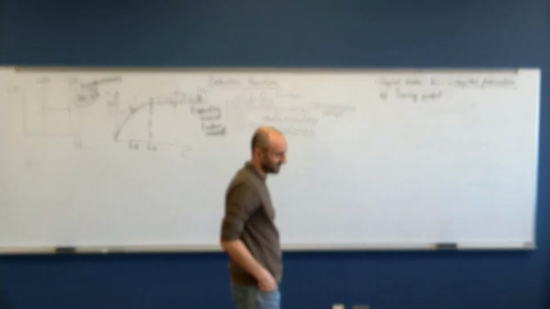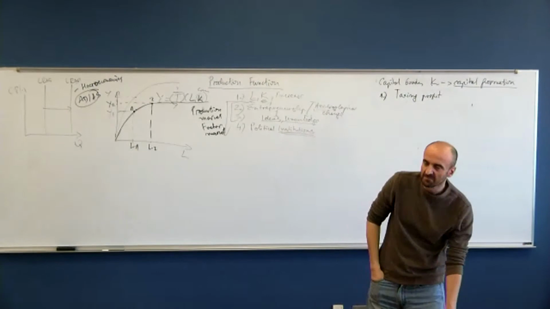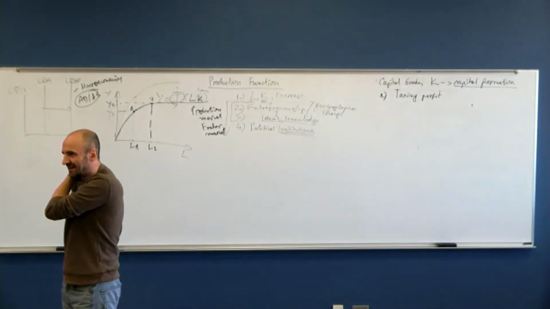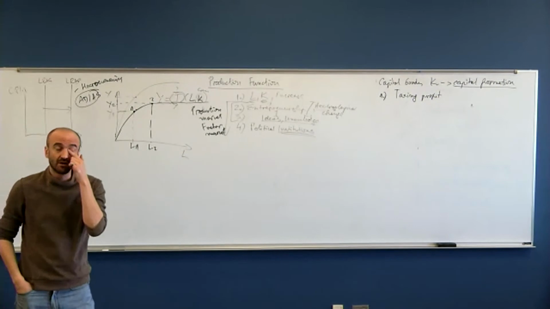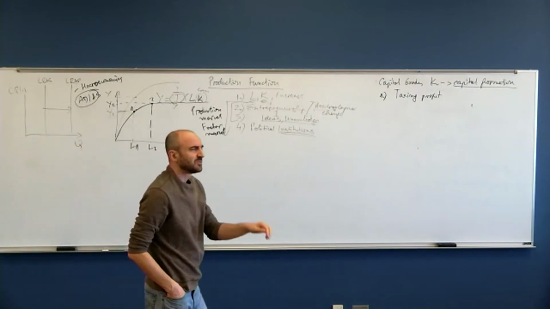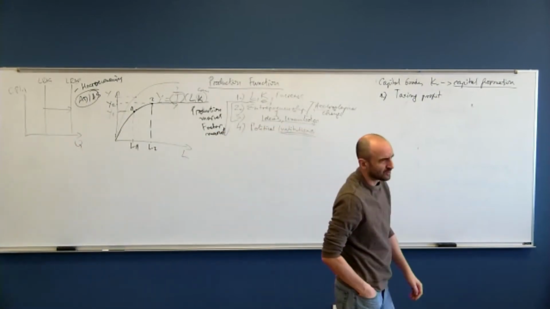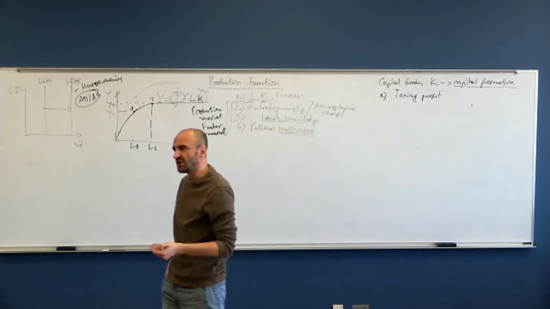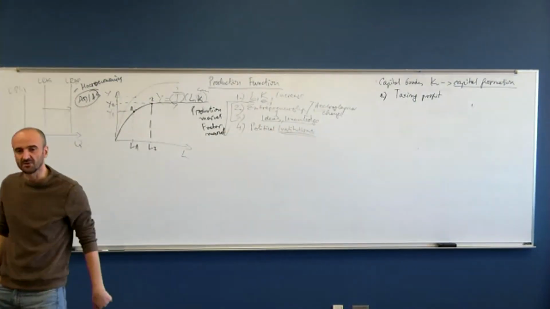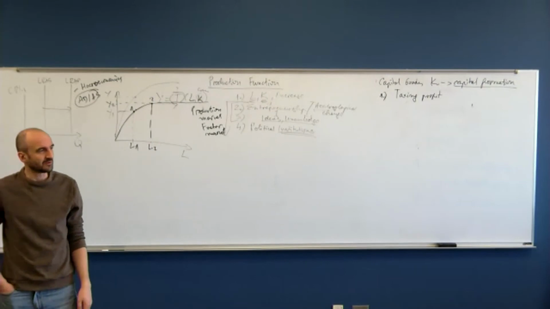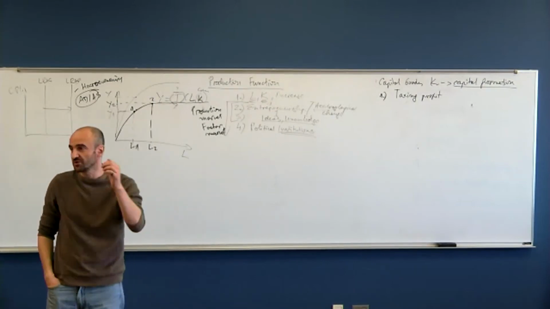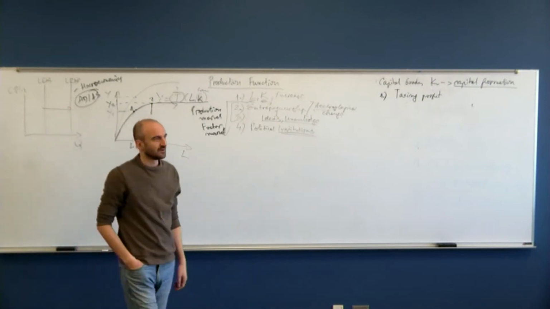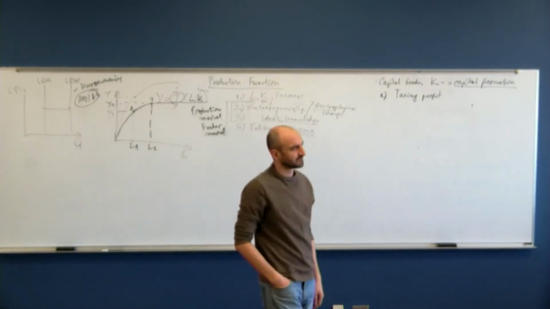Can anyone try to guess? Let's say that we reduce profit taxes by 20%. How would that affect capital formation? How would it affect the creation of new machines, tools, pieces of equipment, and tools of production? Building new factories, new buildings, and so on.